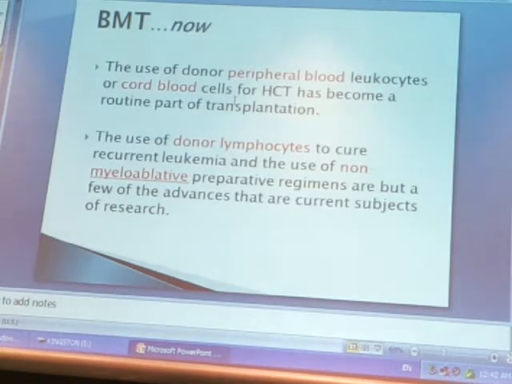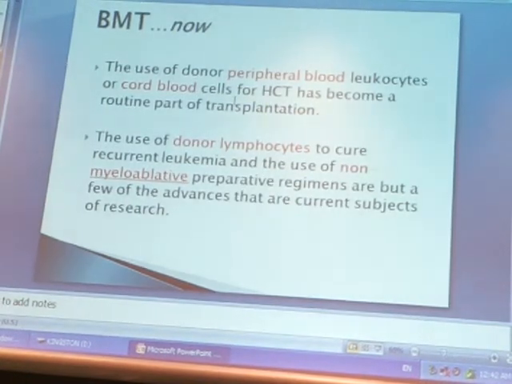The peripheral blood is rich with lymphocytes, and those lymphocytes attack the disease. It's not only the effect of chemotherapy or radiotherapy, it's the effect of lymphocytes of the donor attacking the malignant cells of the recipient, of the patient.